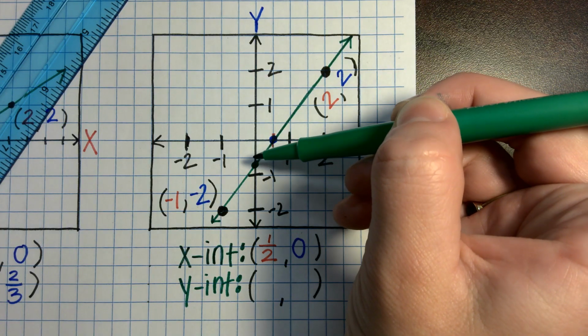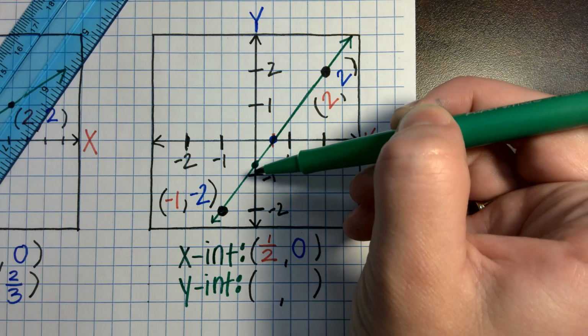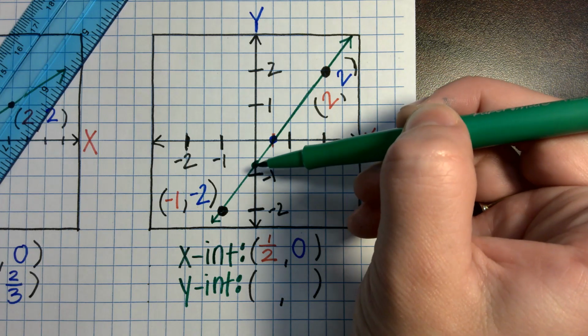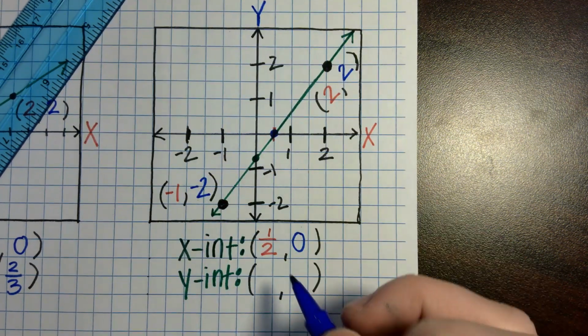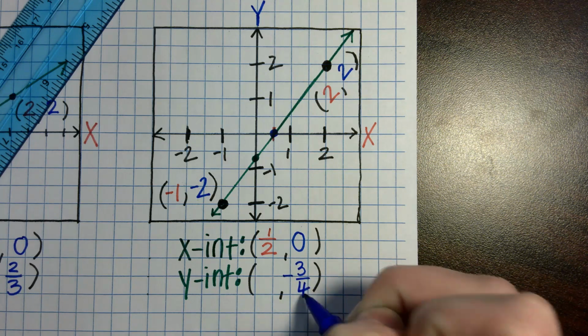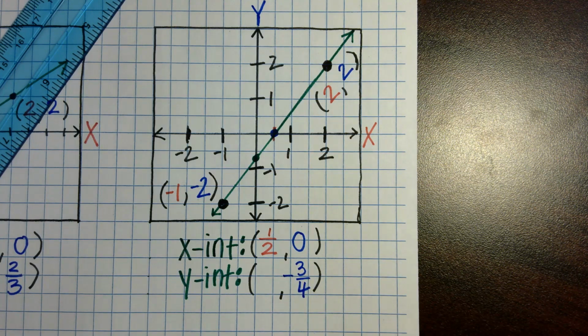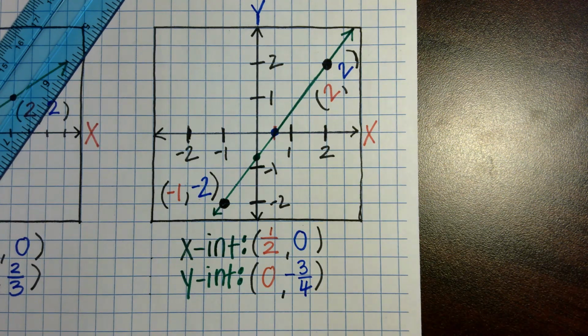We're at like negative 1/2, probably negative 3/4. You agree with that? About negative 3/4. So is that our x value or our y value? That is the y value. Great. So we're going to put negative 3/4. And what's our x value for that? 0. You got it.